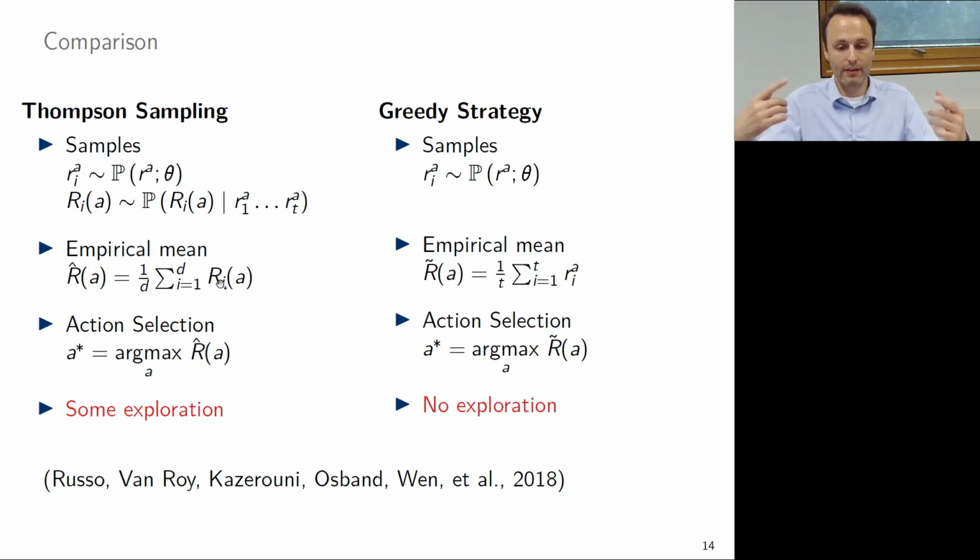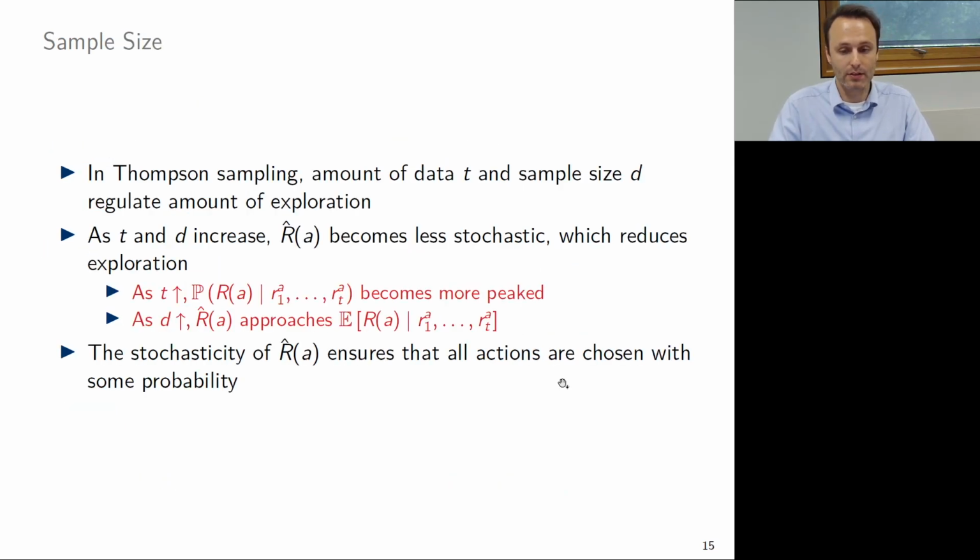So there's then a little bit of exploration here. But if you draw a lot of samples, then you get more close to the average, and then there's less exploration. And that's actually a property of Thompson sampling.